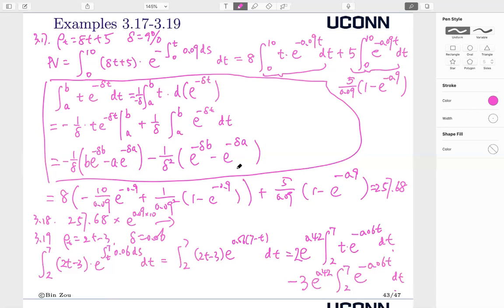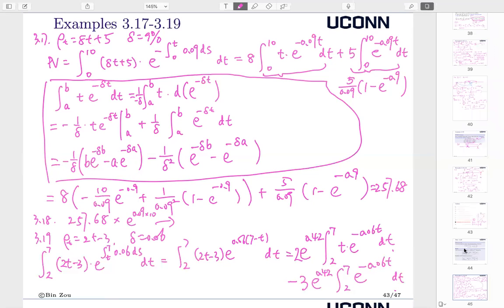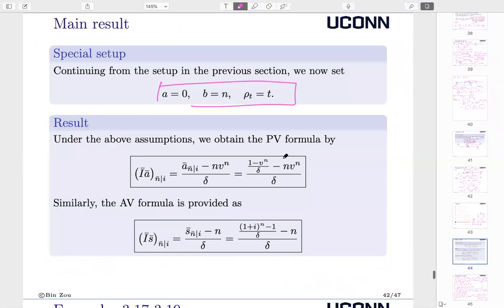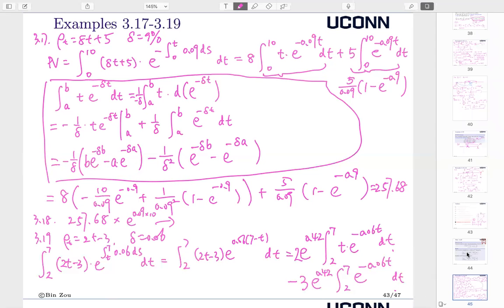As you can see, once you understand section 7, there is really no formula to memorize. If you don't understand, your job is going to be tough, because this formula is not that easy to memorize. But as you can see from what I did, it's basically a calculus exercise. Writing this down should be straightforward.